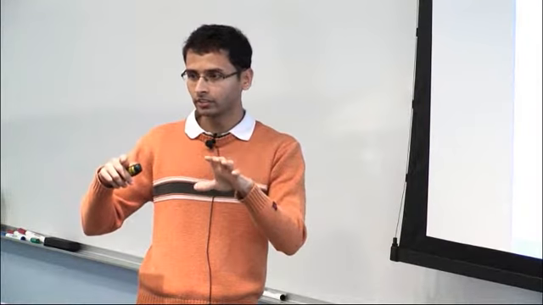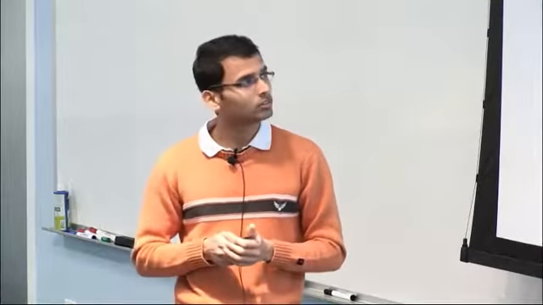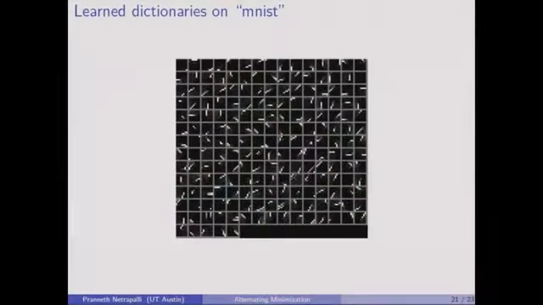So 8x8 is a 64-dimensional vector, and we use 200 dictionary elements and reconstruct each of these patches using just 5 sparse reconstruction. And these are the reconstructions. And the dictionary elements that we obtain look like this.